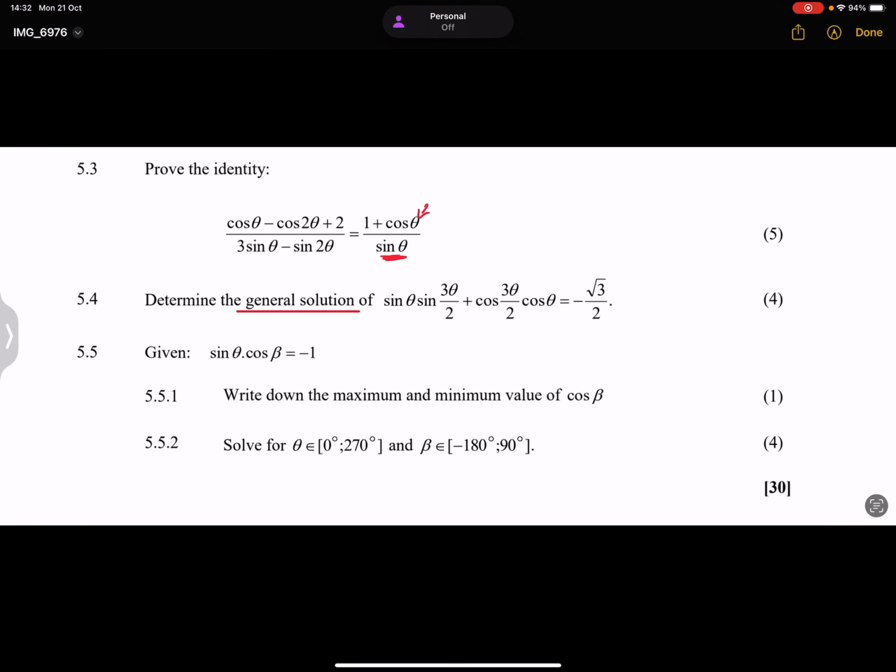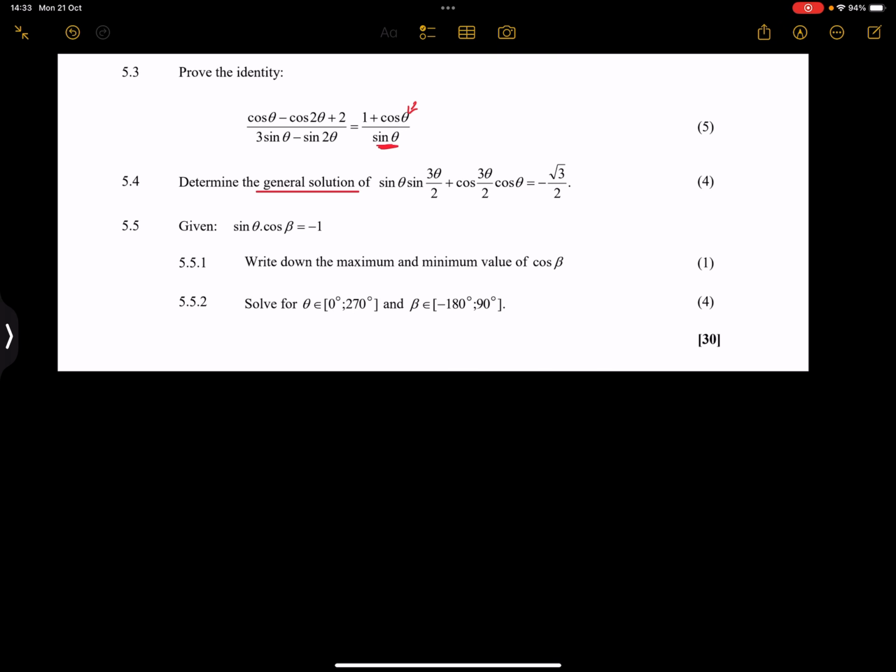And now, ladies and gents, on the last one, they say sine of theta multiplied by cos beta is equal to -1. Now they say write down the maximum and minimum value of cos beta. If you think about the cos graph, what is the maximum and the minimum value?